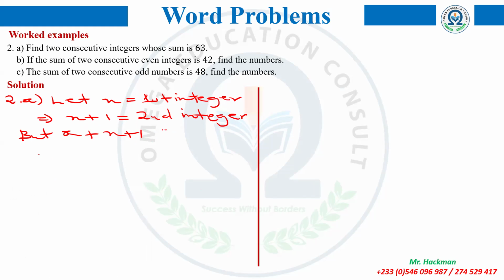The second must be equal to 63. So at this point, you have formed your equation in x, and you are supposed to solve. So this implies that if I add, I'll get 2x plus 1 is equal to 63. My professors, I hope you are following.